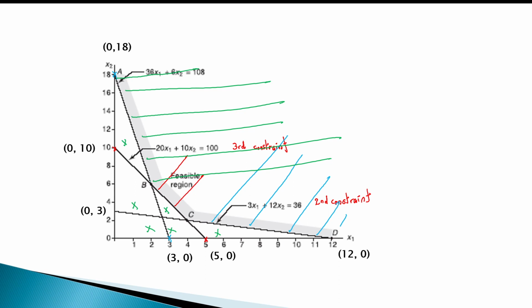To get the corner point B, we solve the equations 20x1 plus 10x2 equal to 100, and 36x1 plus 6x2 equal to 108. So you solve 36x1 plus 6x2 equal to 108 and 20x1 plus 10x2 equal to 100, this line and this line.